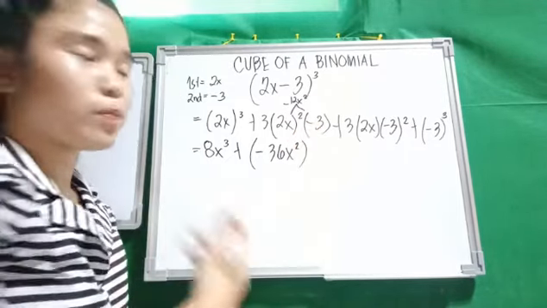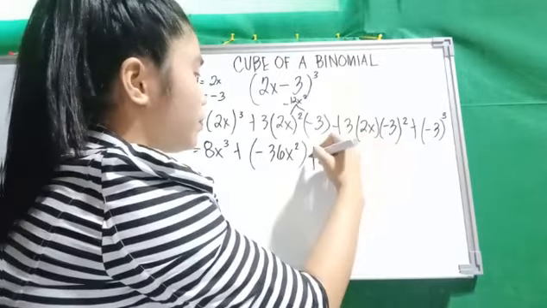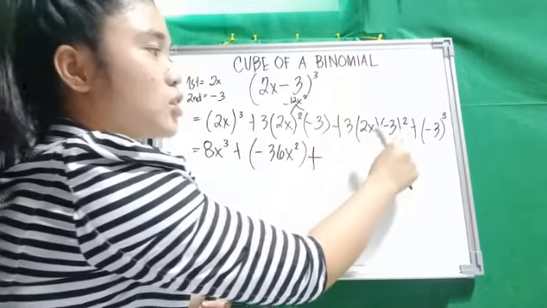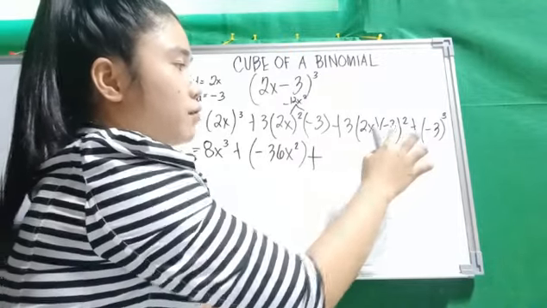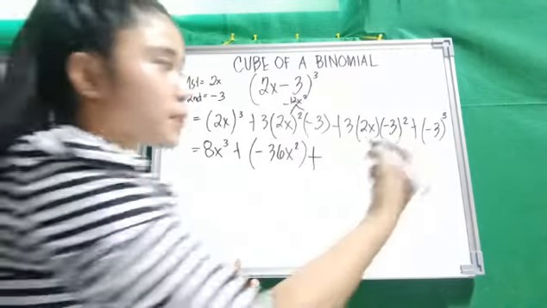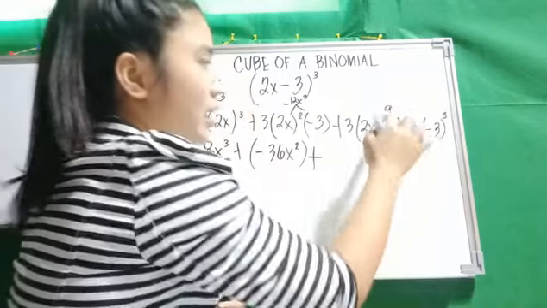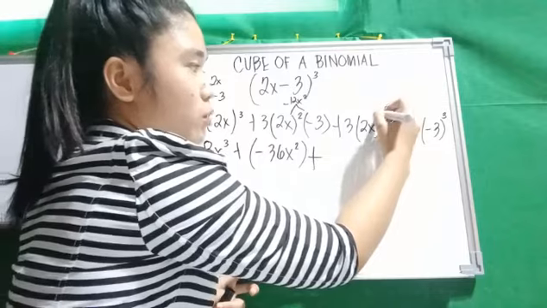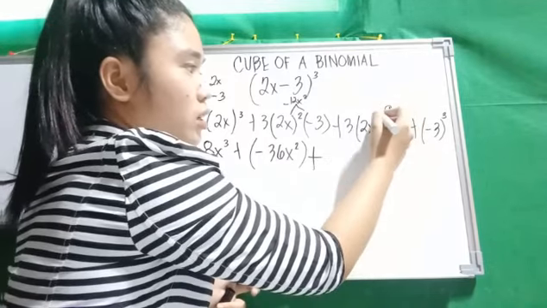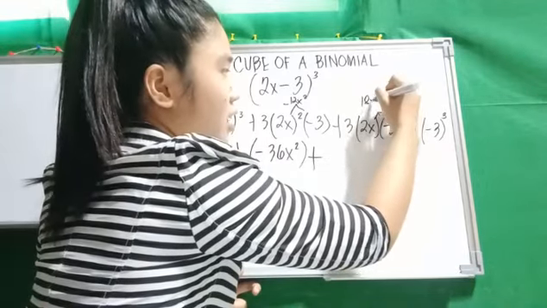Okay, so pagkatapos yan, proceed tayo sa kabila. So, we have plus, ito muna, i-square muna natin yung my exponent, negative 3. Negative 3 times negative 3 will give us positive 9. 9 times 2, kapag pinag-multiply natin itong dalawang ito, magkakaroon tayo ng 18x.